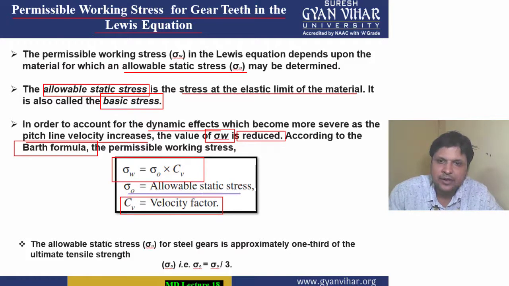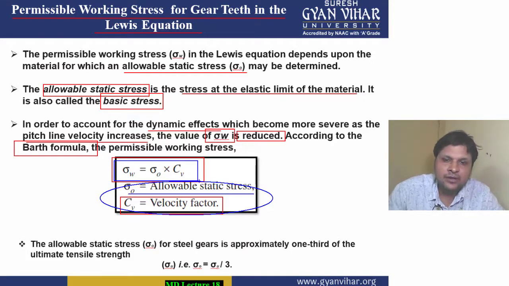And sigma naught is the allowable static stress. So if you have these two values, you can easily calculate the value of permissible working stress, that is equal to sigma naught into CV. Now, the allowable static stress sigma naught for steel gears, this is a note you should keep in mind.